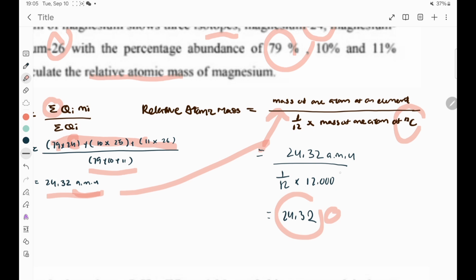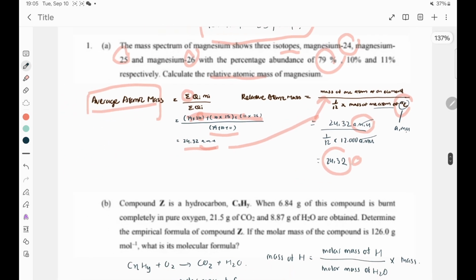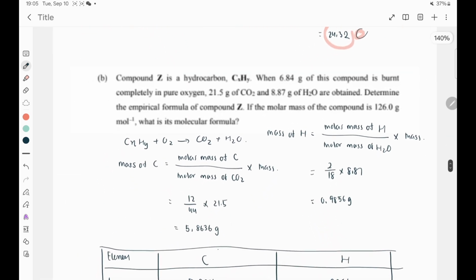But we eliminate the unit of amu, since the mass of one atom of carbon 12 has a unit of amu. So we cancel it out, and we get a value with no unit, remember, no unit over here.